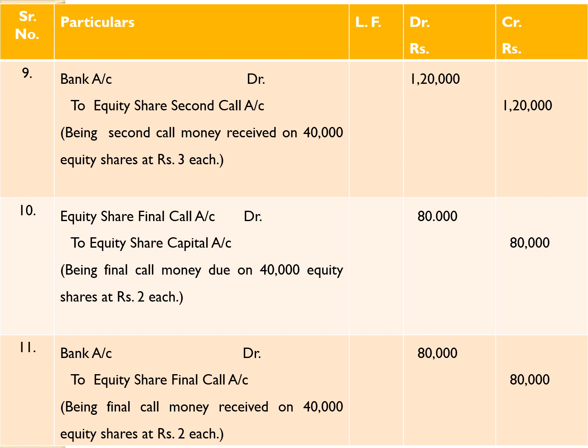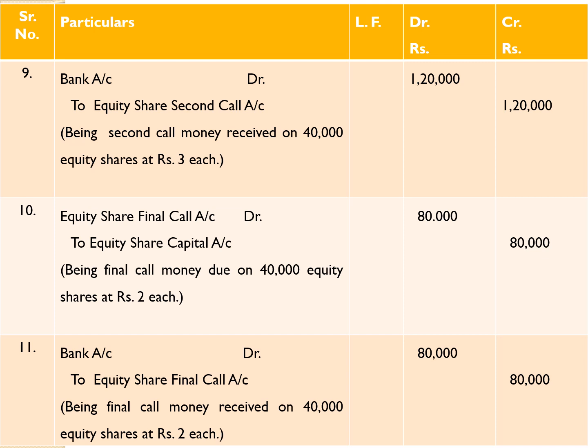Here the amount is due on final call, therefore equity share final call account debit 80,000 to equity share capital account 80,000. Being final call money due on 40,000 equity shares at rupees 2 each.